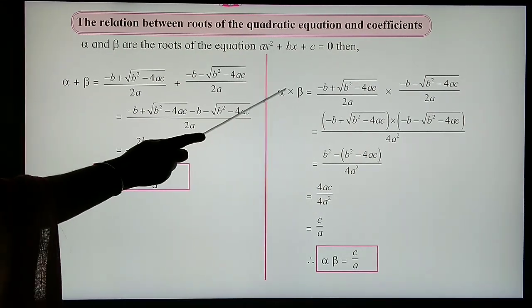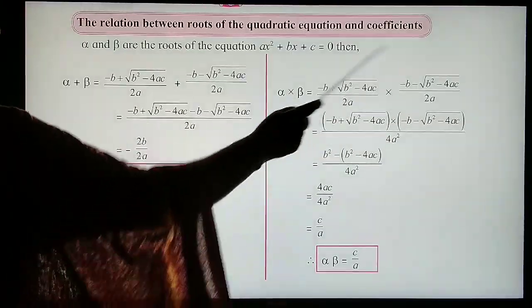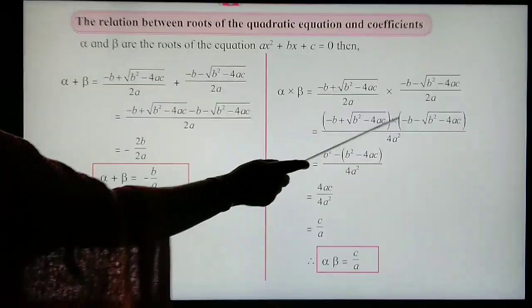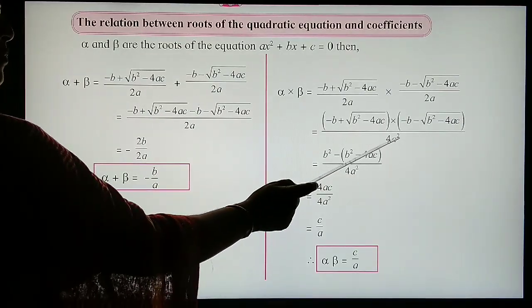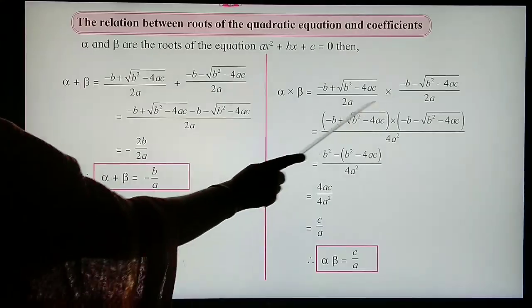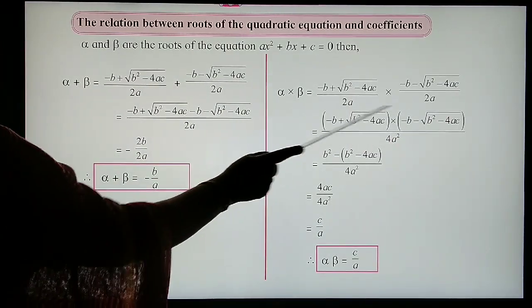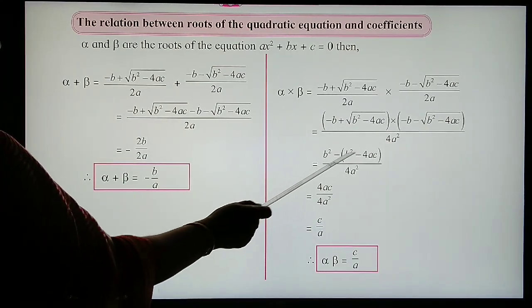Now we write alpha into beta. Here first we take plus and here minus. So multiplying: minus b plus under root b square minus 4ac into minus b minus under root b square minus 4ac upon 4a square, because 2a into 2a is 4a square. This is of the form (a plus b) into (a minus b), so the formula becomes a square minus b square.